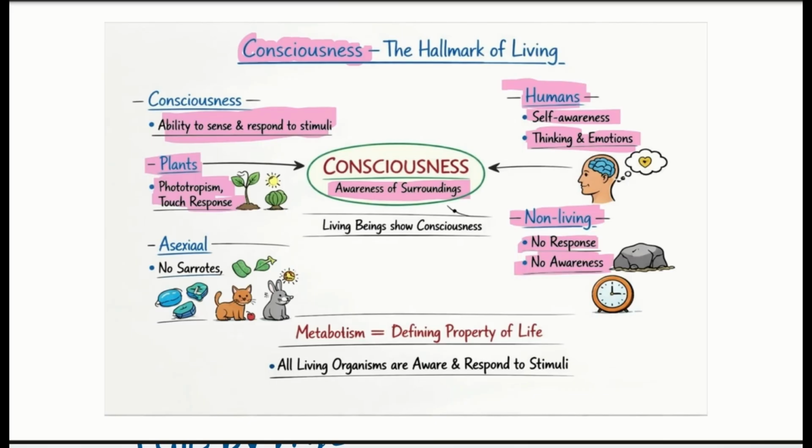All living beings show consciousness, but remember one thing: metabolism is a defining property of life, and consciousness is the hallmark of living. So, living organisms are aware of their surroundings and they respond to stimuli. Simple, right?